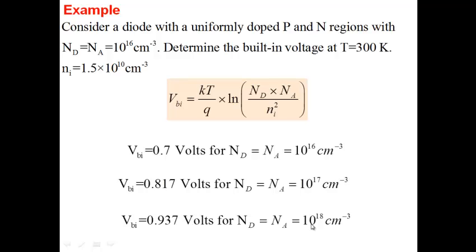Can I do that now for 10 to the power 19? Can I substitute here? No, my semiconductor now will no longer be non-degenerate. So I can't do that. Okay, the next, so this is trivial. The aim is just to get the values 0.7, 0.817, 0.937 here.